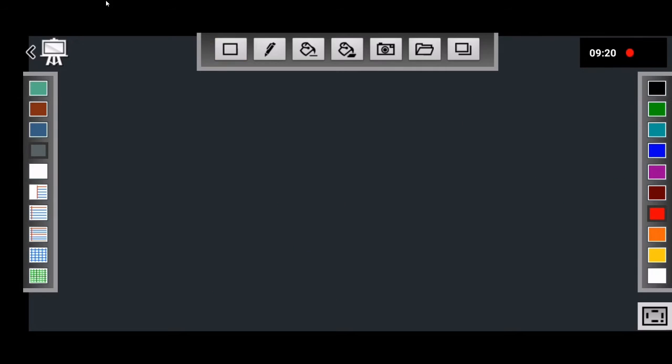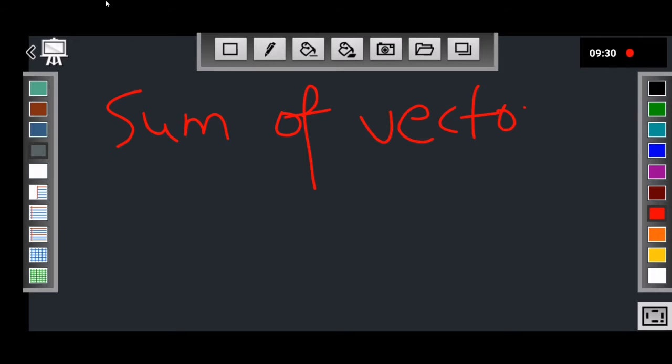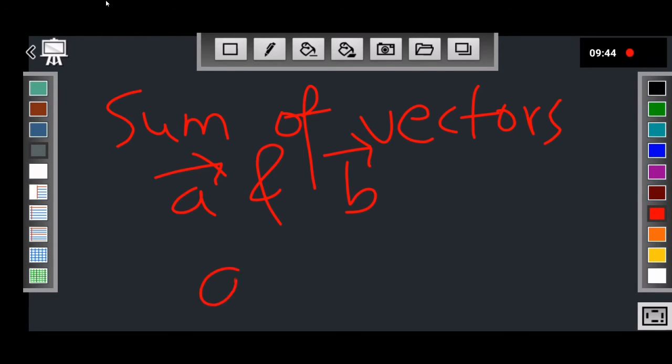Now we are going to discuss the sum of vectors. Suppose we have two vectors, A vector and B vector. Let's see how A vector and B vector can be added. The sum of A vector and B vector is represented by A vector plus B vector.